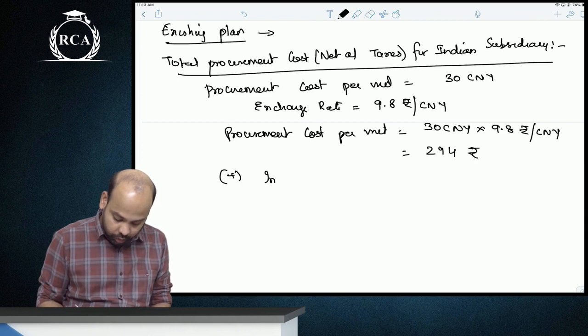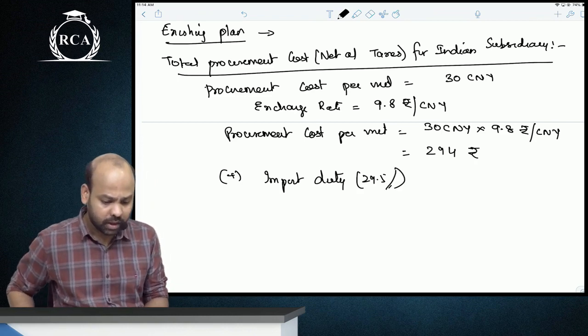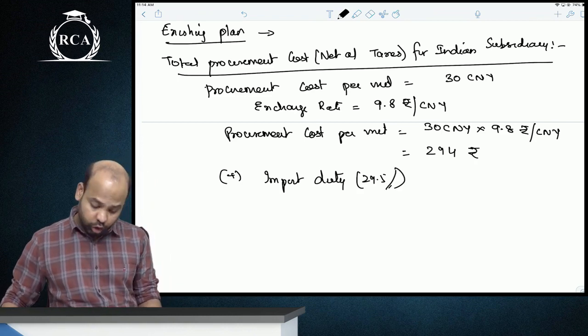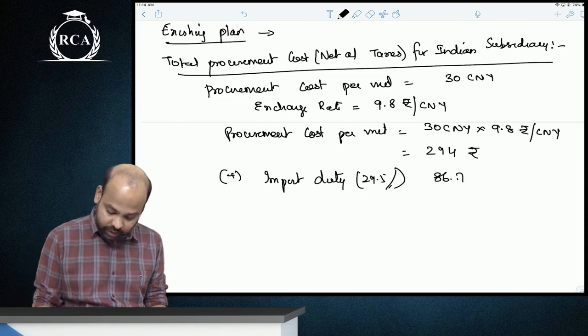Add import duty, do not forget, import duty is a cost, 29.5% of the value of the components purchased. So 294 into 29.5% is 86.73.